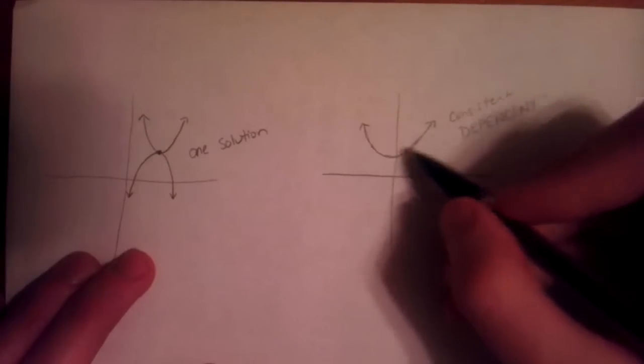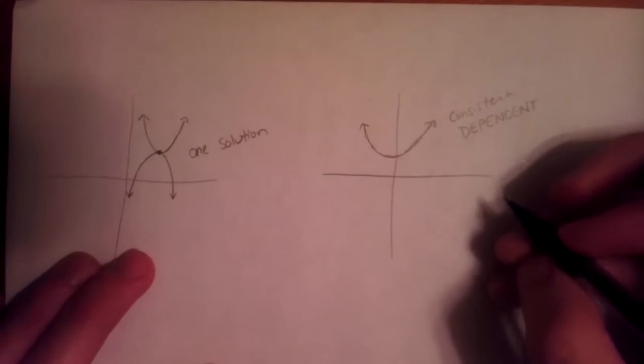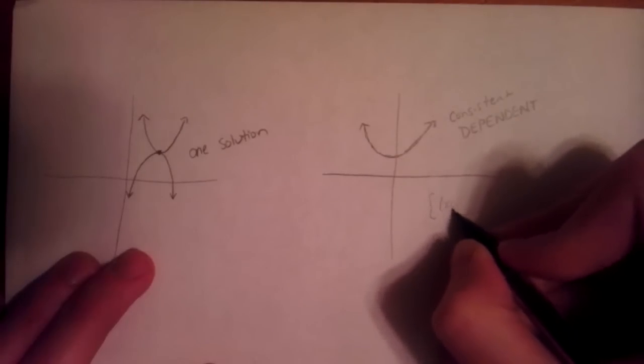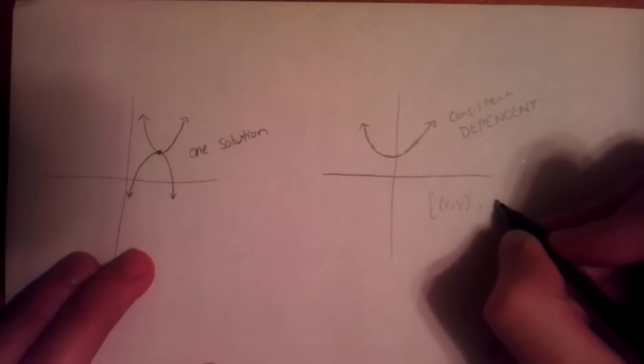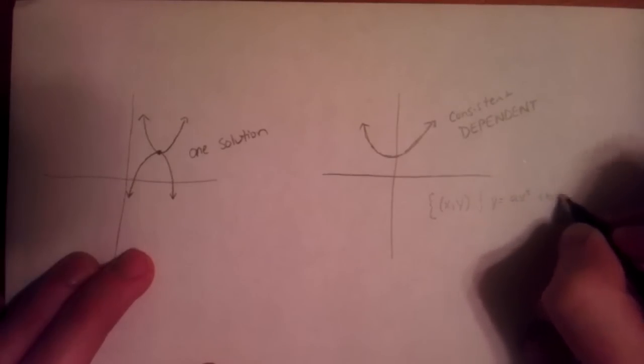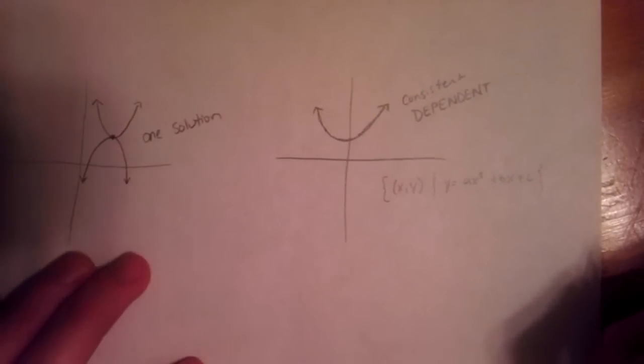We're graphing the same two equations here. So you would write your solution set in set notation and say that it's all the points such that y equals whatever the equation of your quadratic is. So all the points on the curve.